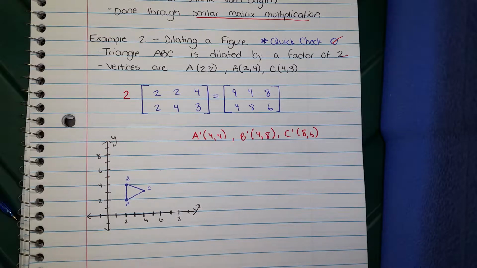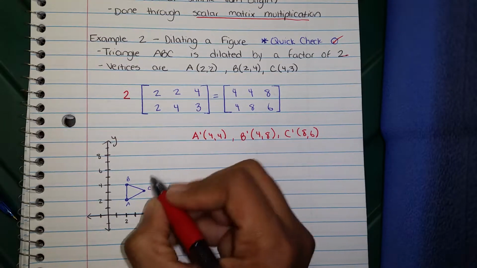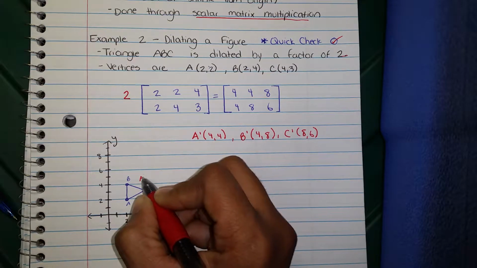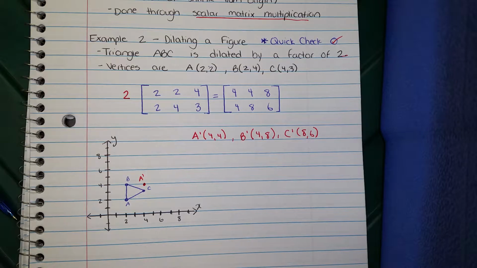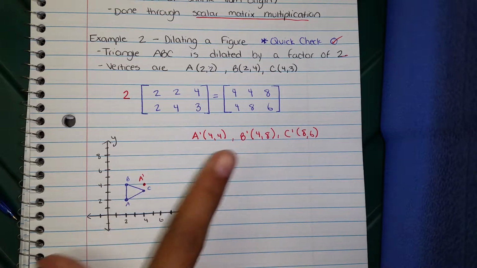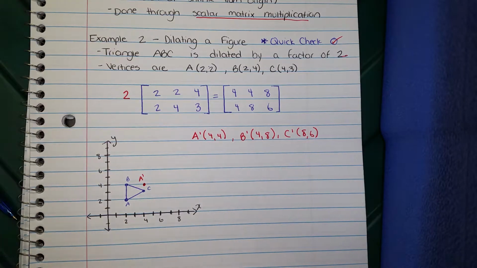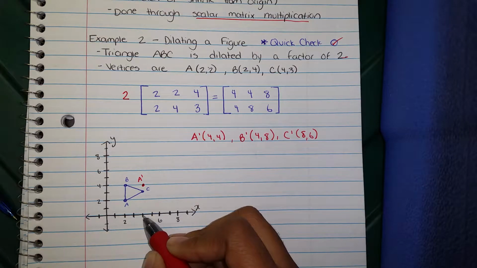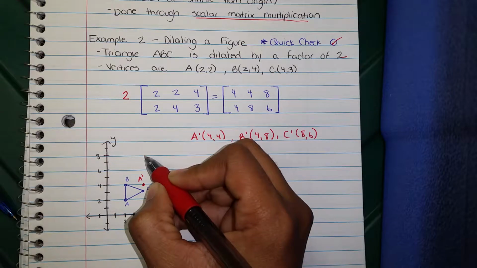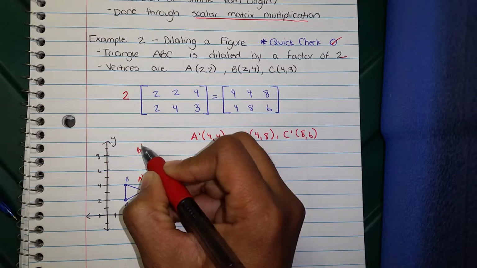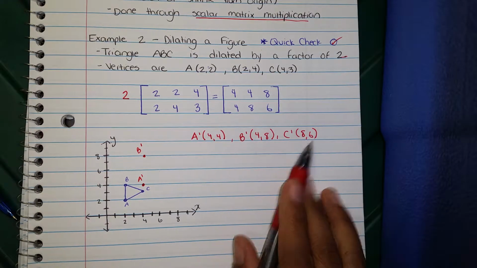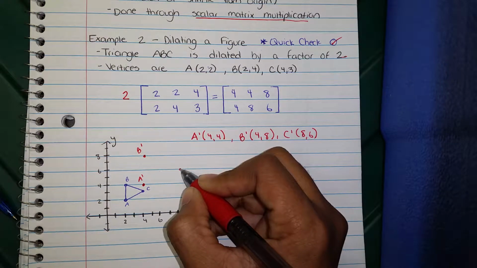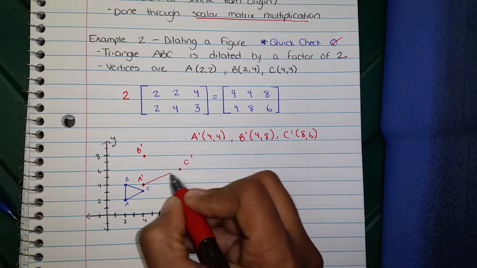So let's graph that really quickly so I can see what it looks like. 4, 4 is going to be here. This is A prime. I should expect my triangle to look bigger because it was dilated. It was stretched out. B prime is going to be 4, 8. That's up here. This is B prime. And C prime is going to be 8, 6.